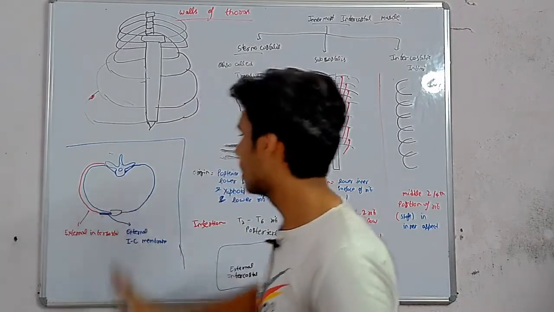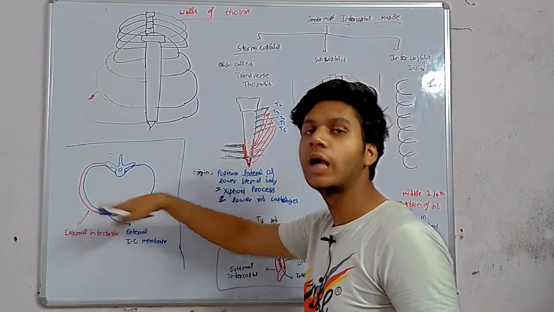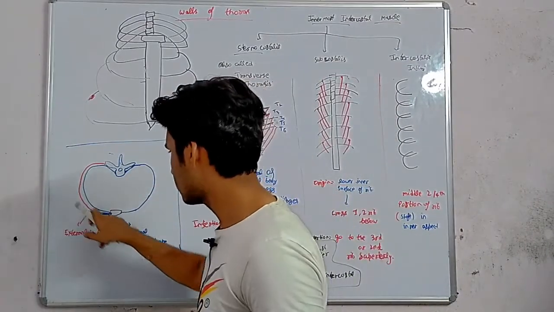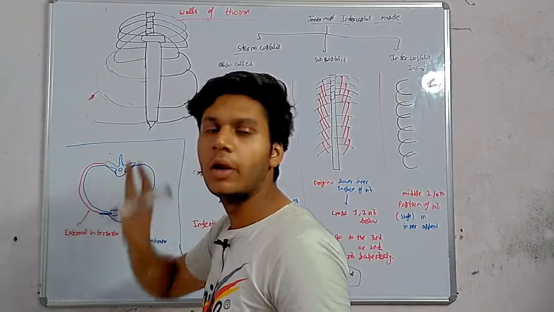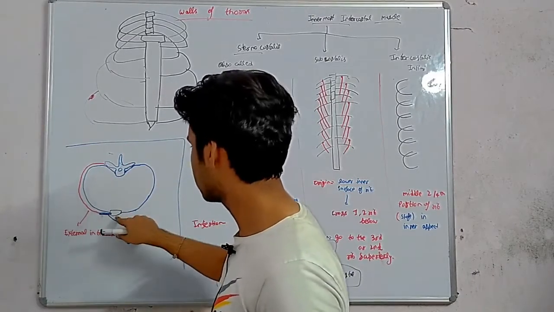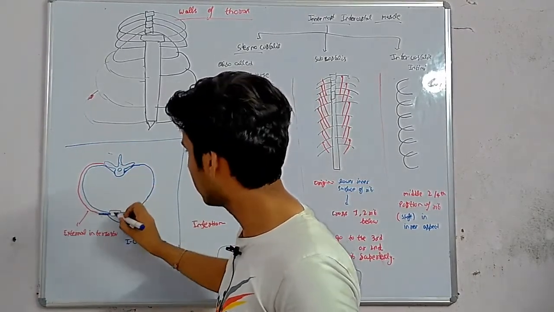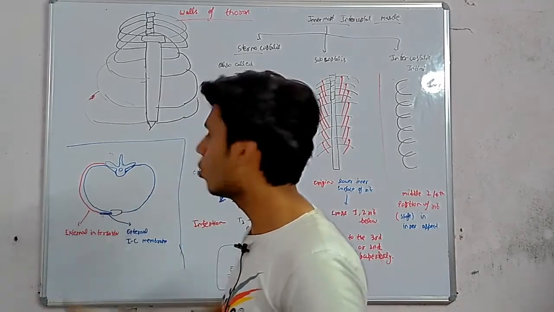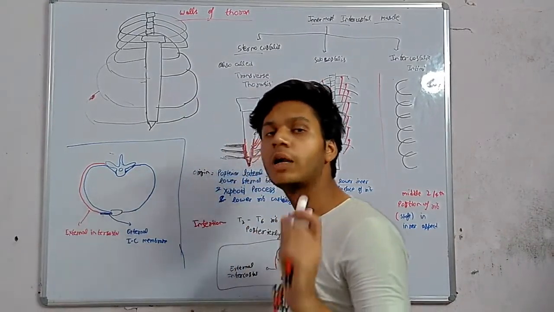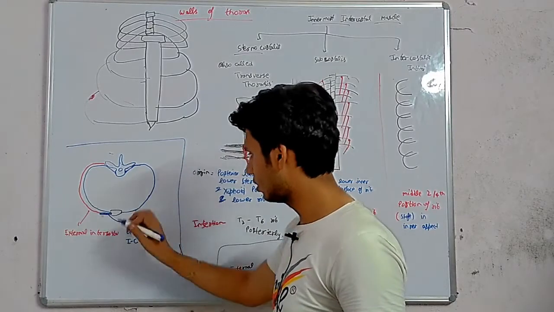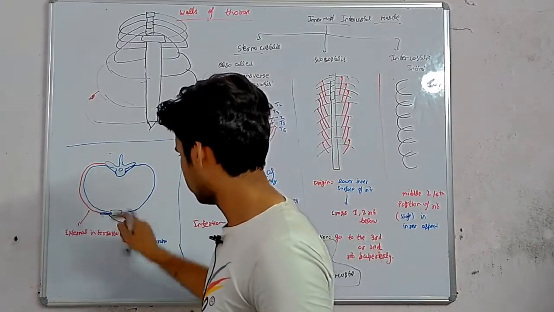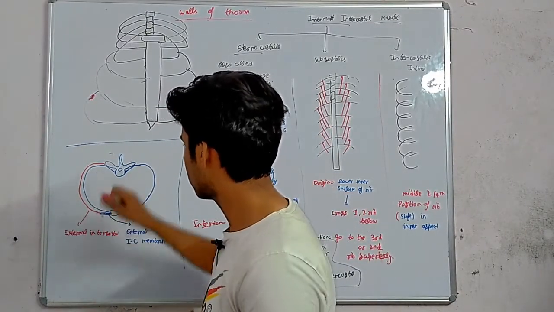Now let's say we remove the ribs, so we only understand the attachment of muscles. This is also muscle, this is also muscle. Ignore the rib, no rib, just the sternum and the vertebral column. No rib is attached here. We are only talking about the arrangement of muscles. Done? Now go to the posterior muscle.